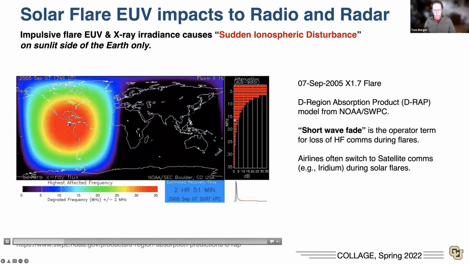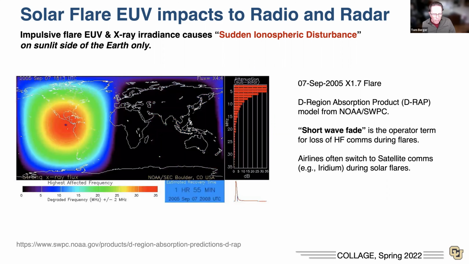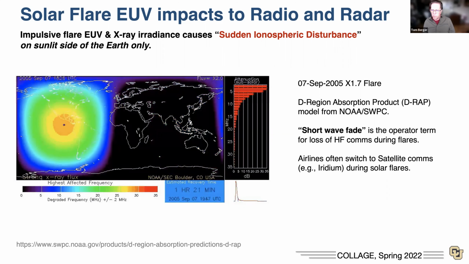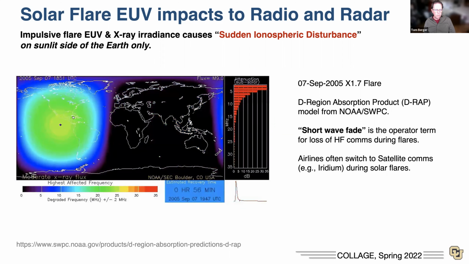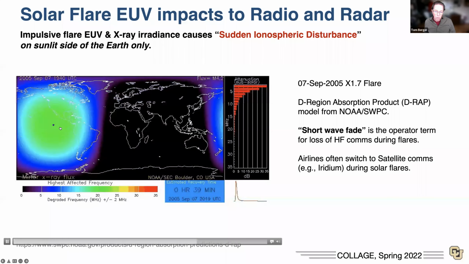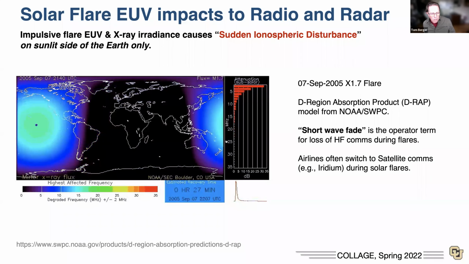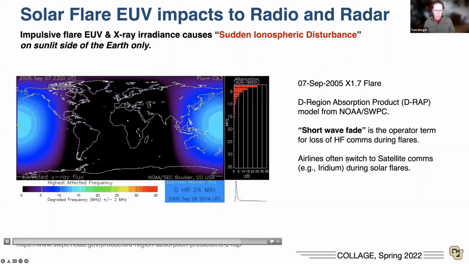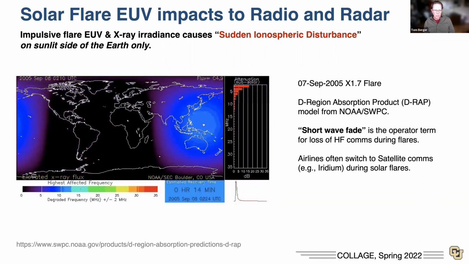You can see from 15 megahertz and below, sort of the high frequency range, which ham radio operators will use, airlines will use occasionally, is suddenly being absorbed by this very much higher density in the D region of the ionosphere. So that is a direct space weather impact of solar flare X-ray input into the ionosphere.